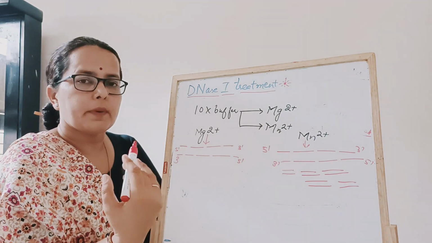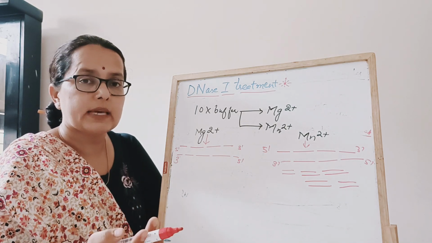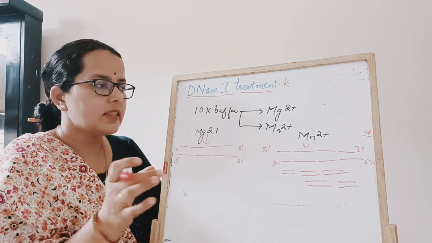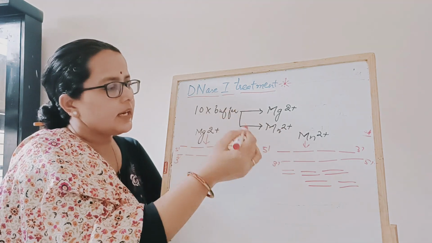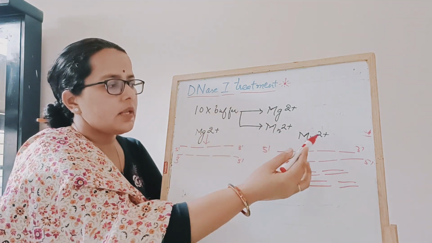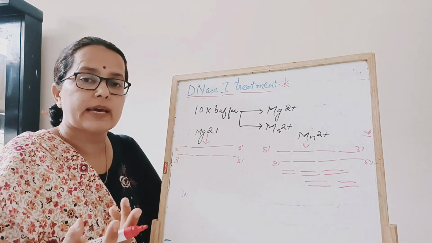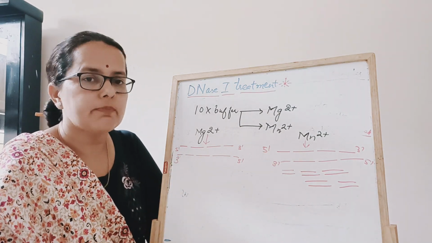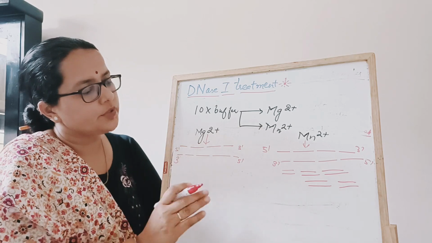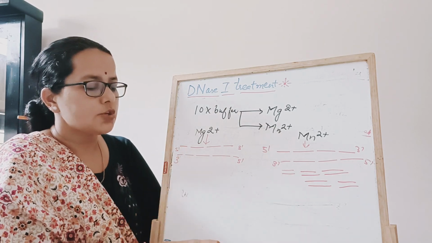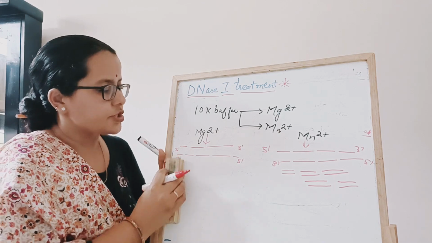If you want to prepare genomic libraries or DNA libraries, where you want equal fragments, the DNA is treated with DNase I in the presence of manganese ion, and it generates small fragments which are utilized for DNA library preparation. So these are two different ions with different properties for DNA digestion.